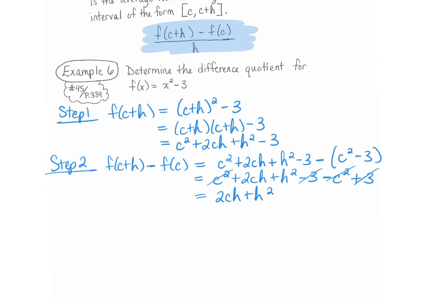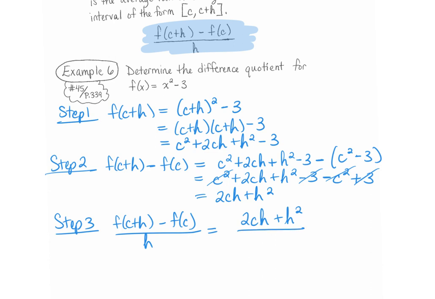So now our third step is just taking that and dividing by h. So finding our difference quotient. So step 3 is we have f of c plus h minus f of c all over h. That's equal to 2ch plus h squared divided by h. And in the numerator, they have what in common?